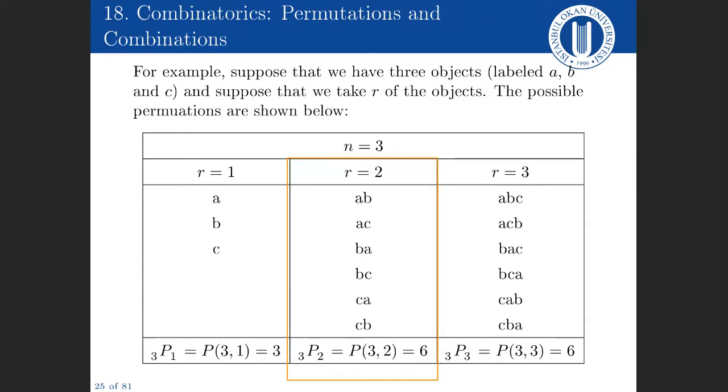Instead, let's suppose we take 2 of the objects. I could choose AB or AC, or BA, or BC, or CA, or CB. There's 6 items in this list because 3P2 is 6. There's 6 ways to choose and permute 2 objects out of 3.